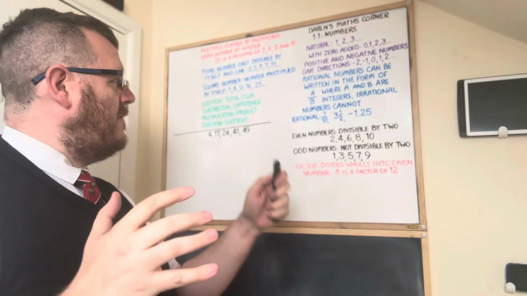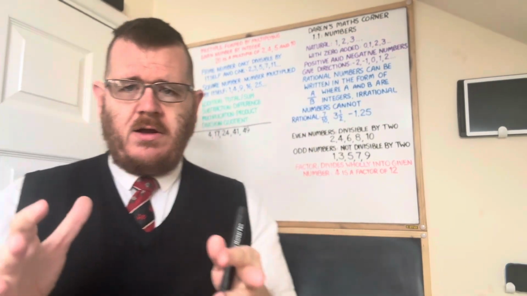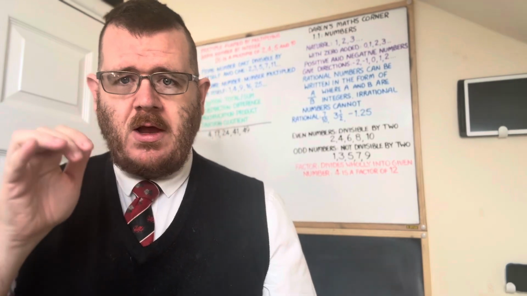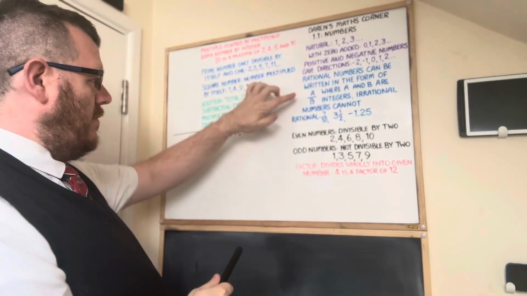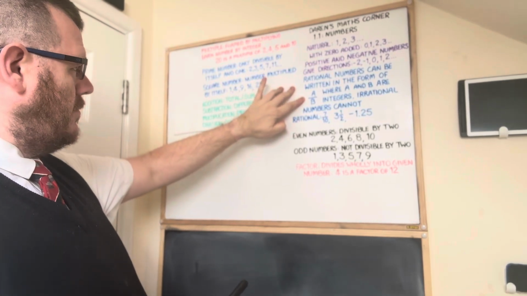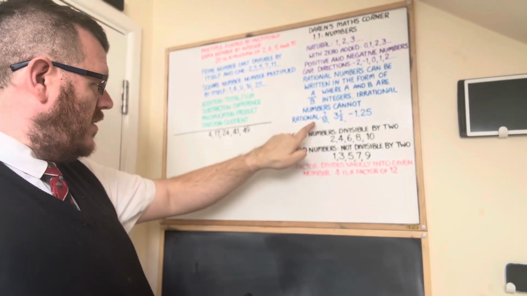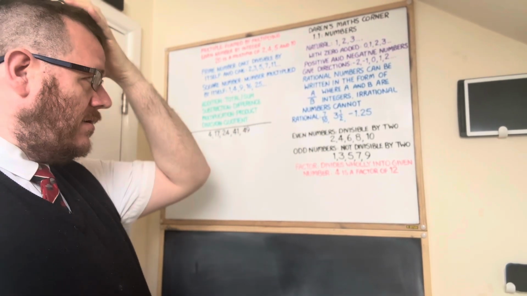And also with that, we've got what's known as rational numbers and irrational numbers. The rational numbers can be written as a fraction, like the following. So they're your rational numbers.